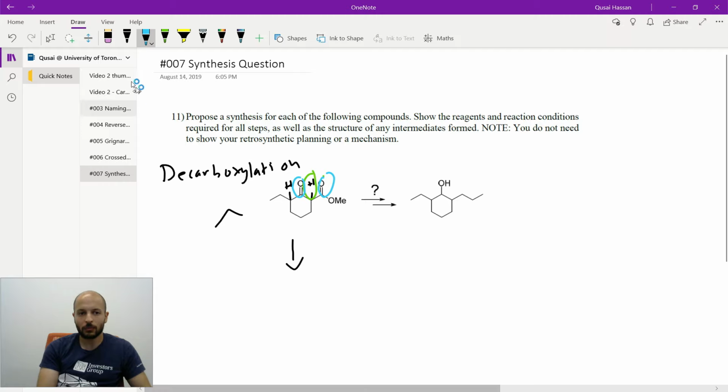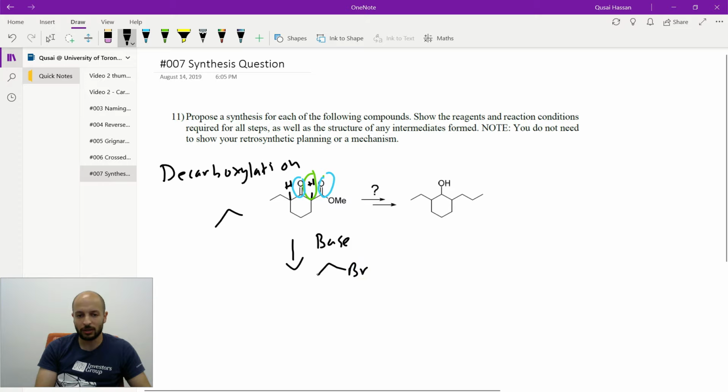So this is a lot more acidic and we can deal with it a lot more easily. So what I want to do first is add some sort of base to deprotonate that alpha hydrogen specifically, and then once it's deprotonated, all I need to do is add an alkyl halide, so a propyl alkyl halide. It's as easy as that.